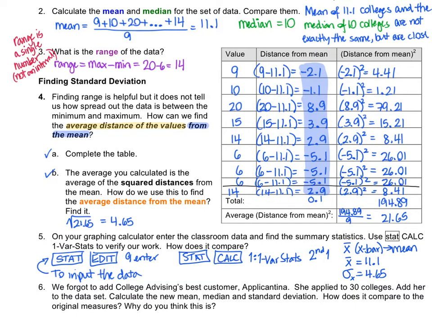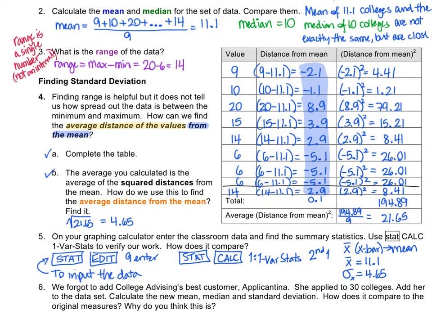And I just want to draw your attention to that because the difference between S and sigma in the calculator, both of those are representing standard deviations. I don't want to get too far into it right this minute, but when we're looking at a set of data that is representing the whole population, like our whole class, for example, then we would use the sigma, which is the 4.65 standard deviation.